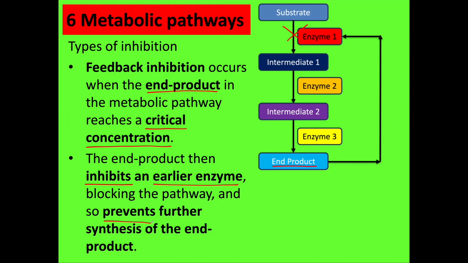It prevents further synthesis of the end product. This will not be produced because none of the pathway will proceed, and the substrate is no longer able to be broken down into the intermediate because the first enzyme is being inhibited by the end product. Okay, so we call that feedback inhibition because the end product is going backwards in the pathway and inhibiting that first enzyme.